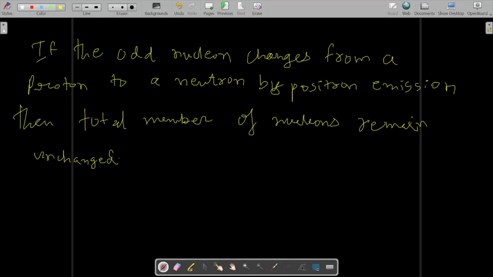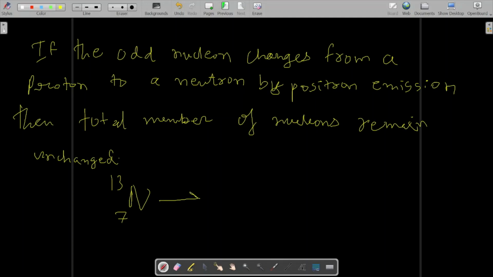Now let me write over here. Suppose I have nitrogen-13. Nitrogen has atomic number 7, and suppose I am taking the N-13 isotope. Then what will happen?